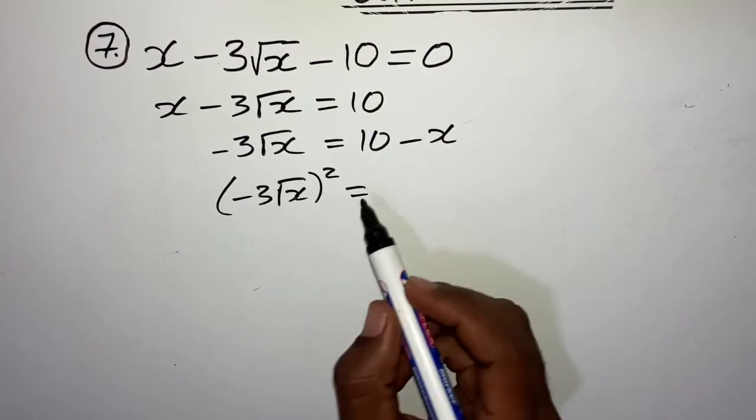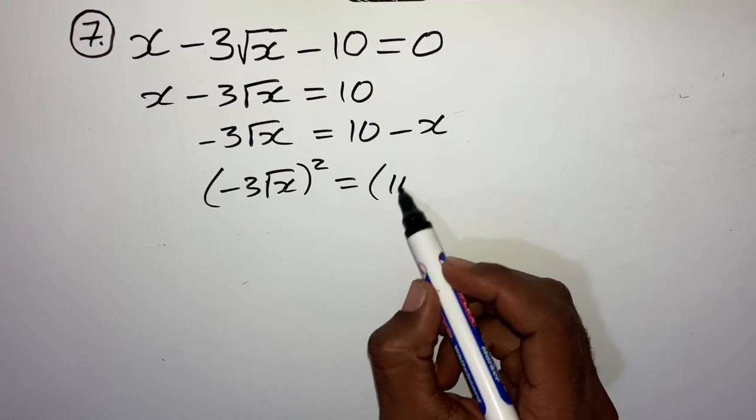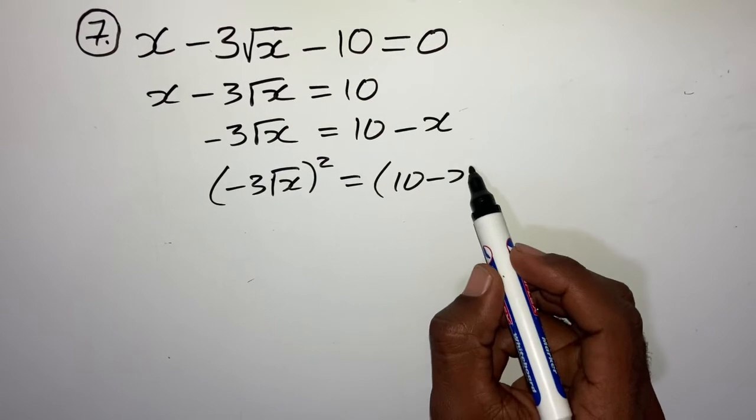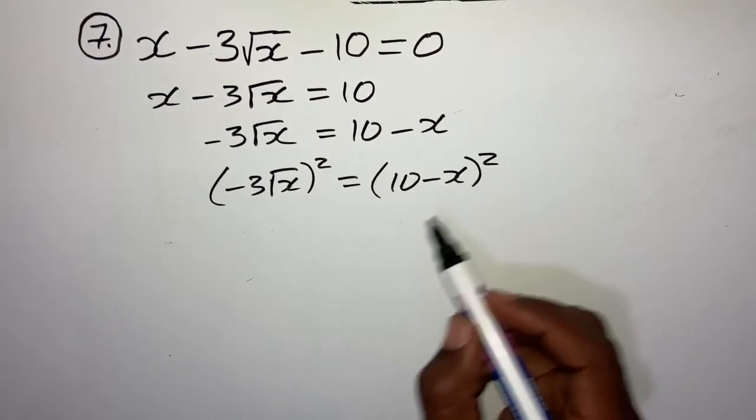So you can just square what's on the left. Then what you do on the left, you have to do on the right. You have 10 minus x squared as well.